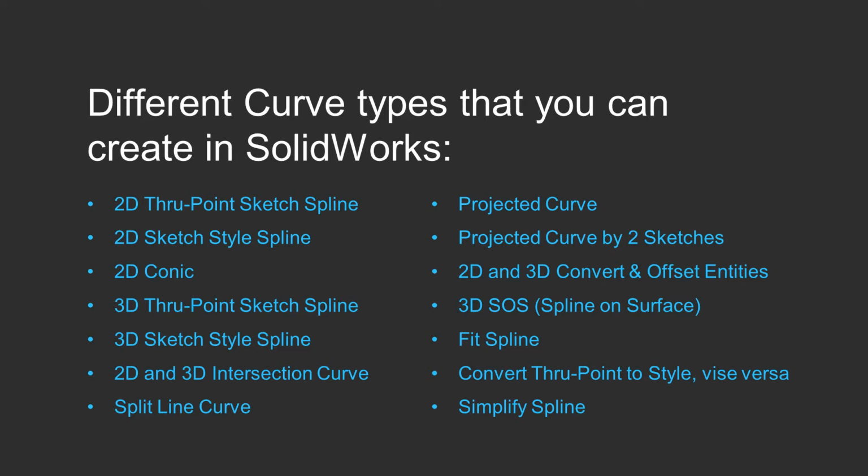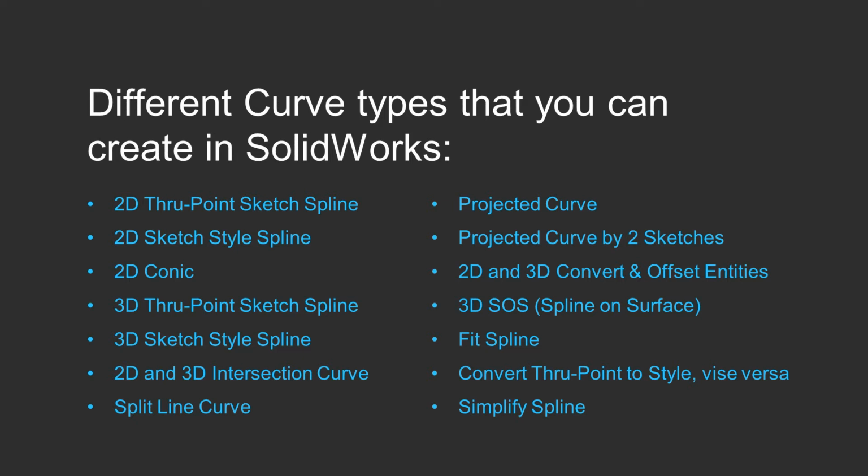You can also build two sketches that are opposed by 90 degrees, for instance. Say you create a spline in the top view and you create a spline in the front view.